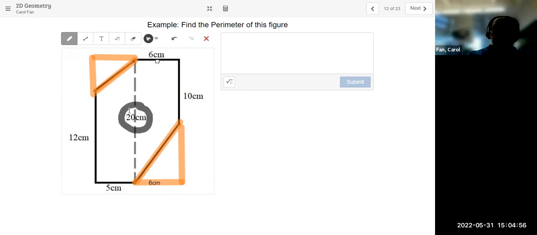So I'm going to take 20 centimeters and minus 10, because that would be our difference. So this would give me 10 centimeters. I'm going to use Pythagorean relation to find this side. I'll label that side X.